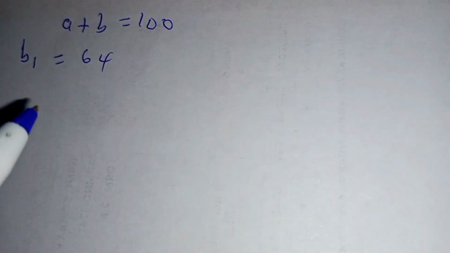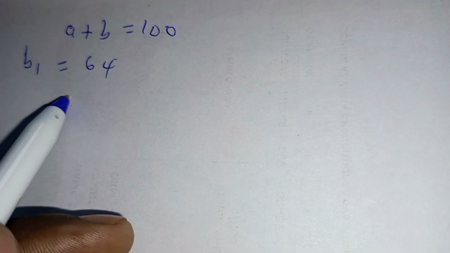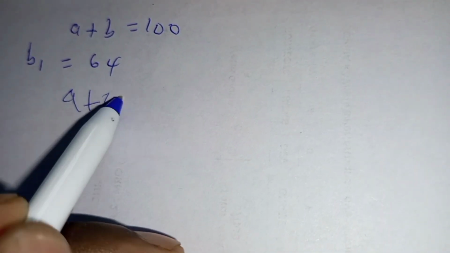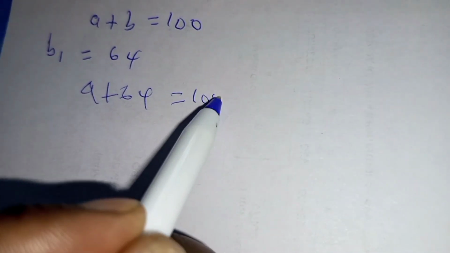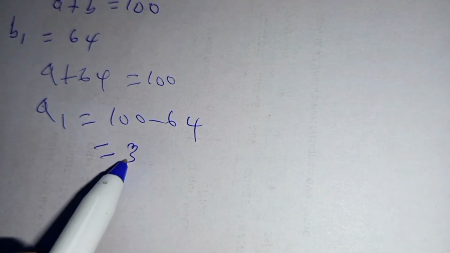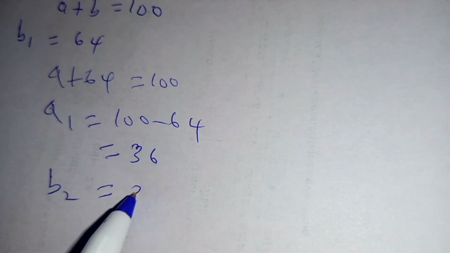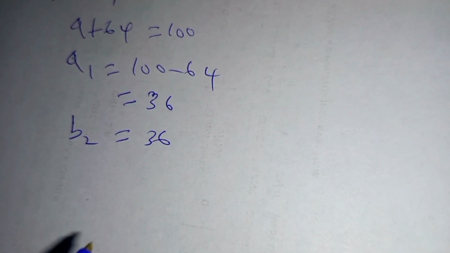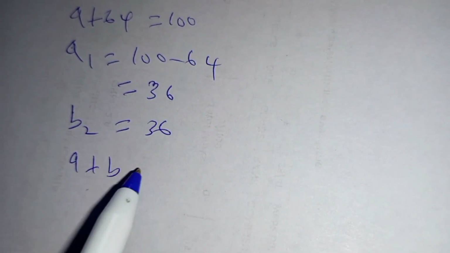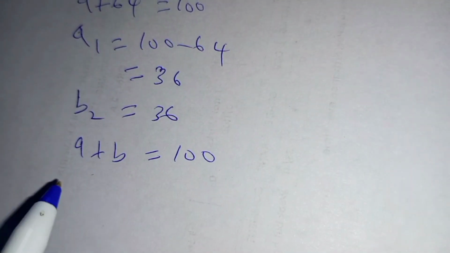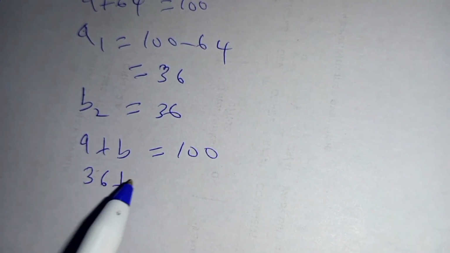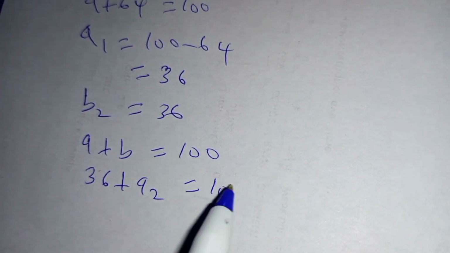So from a plus b is equal to 100, when b1 is equal to 64, a1 will be equal to 100 minus 64, which is equal to 36. When b2 is equal to 36, then a plus b is equal to 100, so 36 plus a2 is equal to 100.